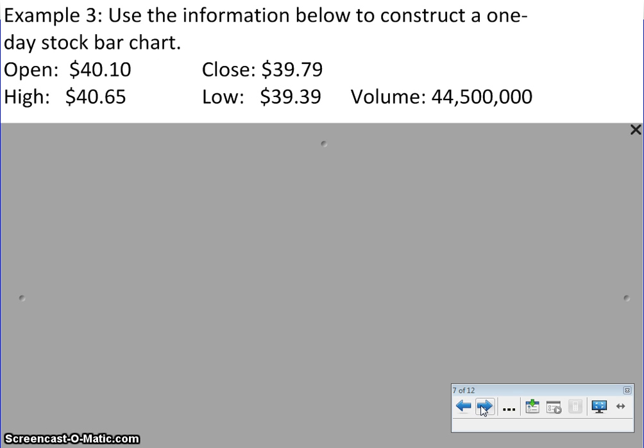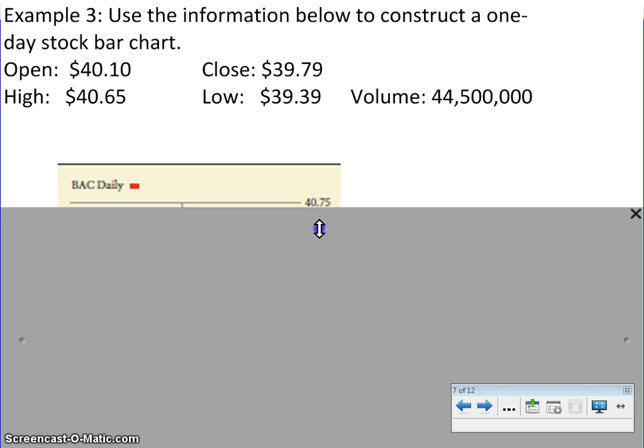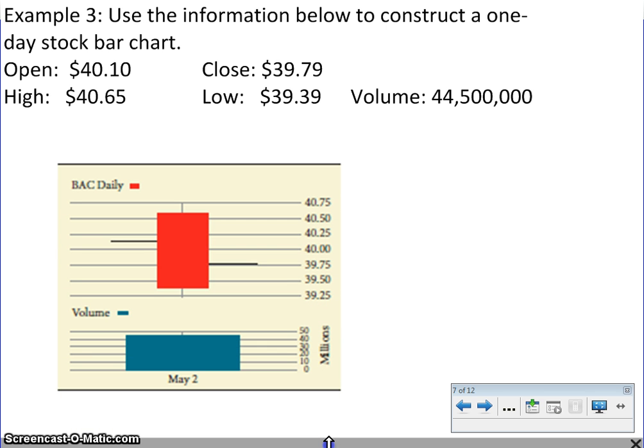All right, example 3. Use the information below to construct a one-day stock bar chart. I did write it out on a sheet, and that's what I'd like for you to do. But for the purpose of this, I wanted it to be easily readable, so I copied the chart from the book. Notice here it says the open is 40.10, and our opening is right in here, at about 40.10.